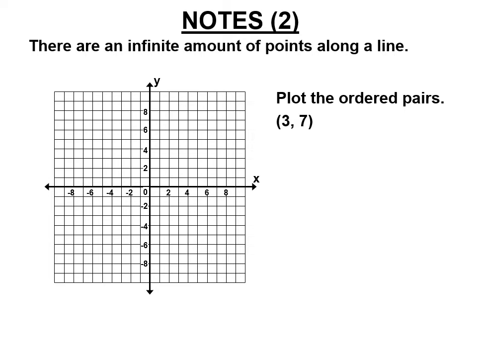So let's plot the ordered pair 3, 7. So x is 3, y is 7. X is 1, y is 6. X is 0, y is 5.5. All right, so x is 0, y is 5.5, halfway between 5 and 6. X is -1, y is 5, right there.